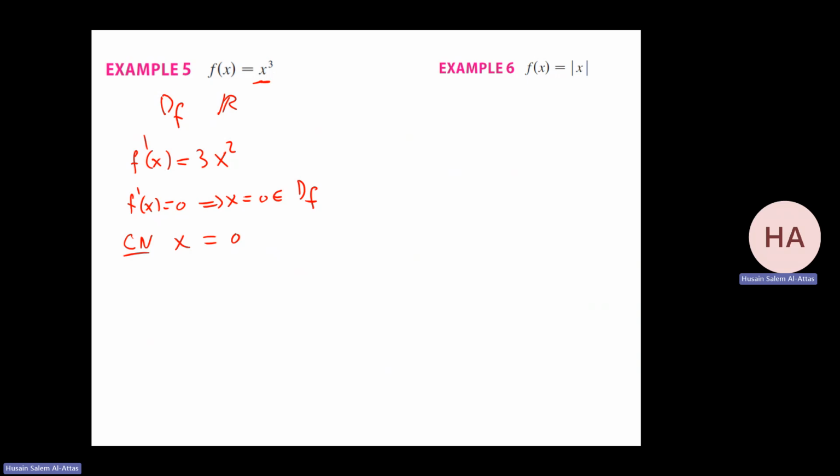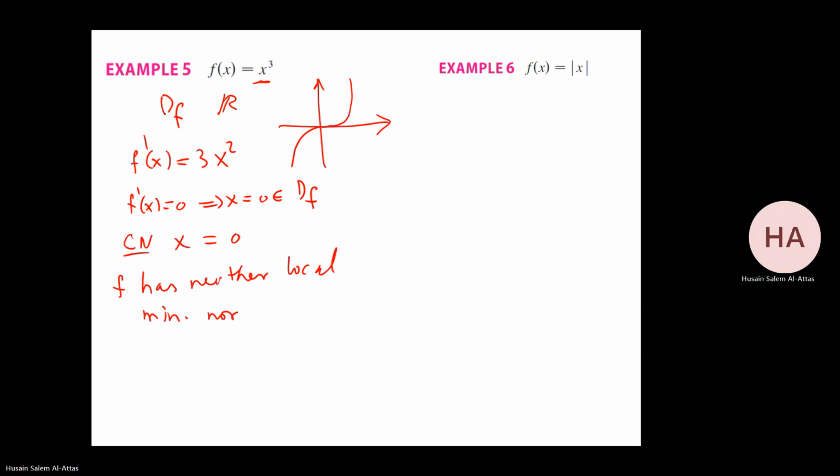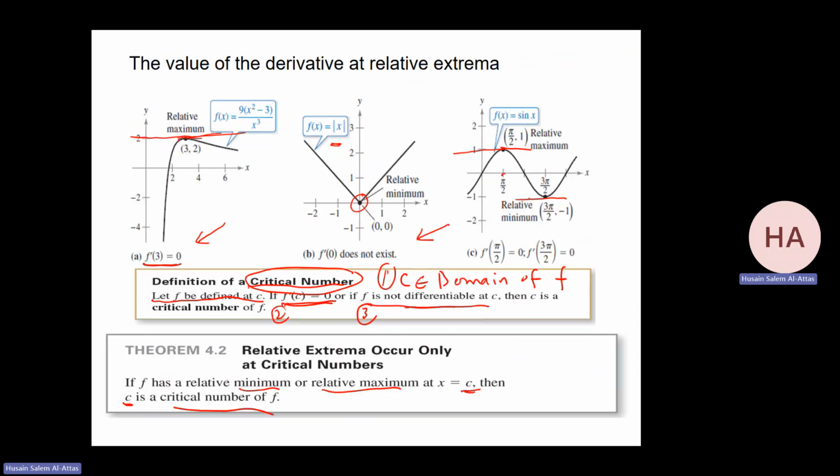Be careful. From the graph of x cubed, we say f has neither local minimum nor local maximum. Will that conflict with this theorem?